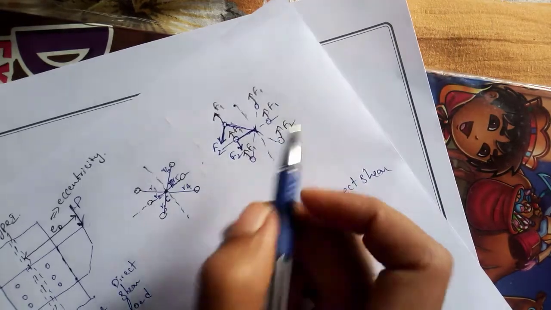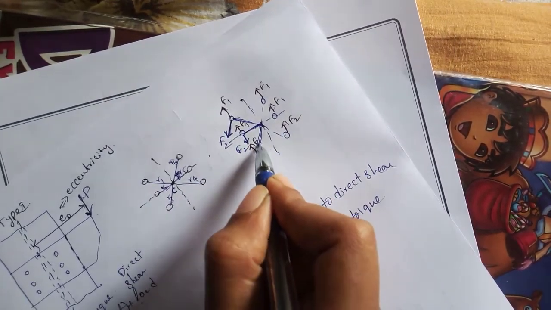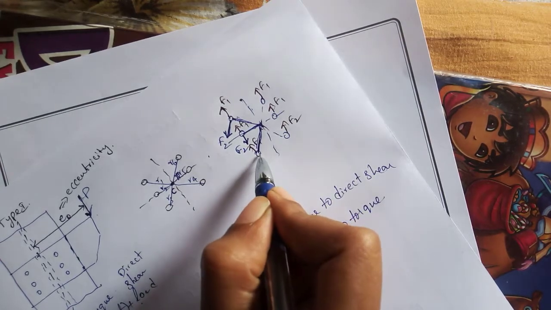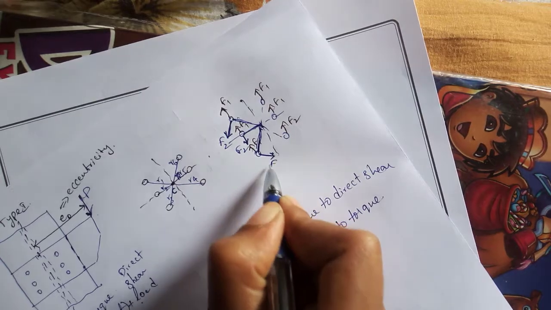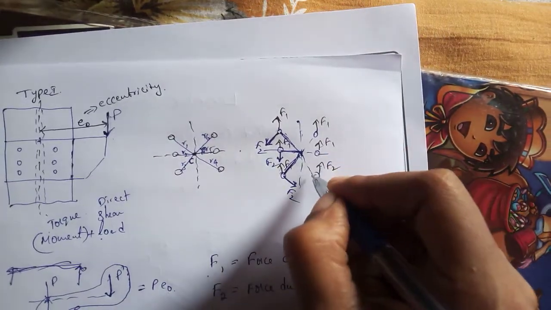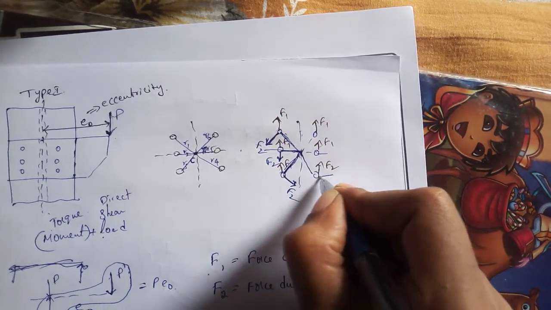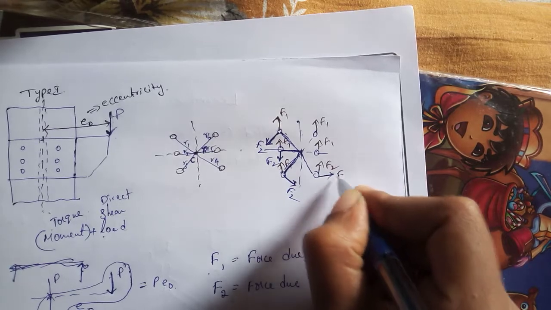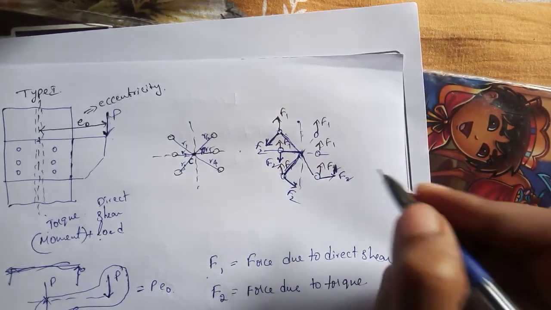And coming to bolt number 3, to this R radial distance, the perpendicular direction is here, it is F2. And also for bolt number 4, the perpendicular direction is this, it is F2. Sorry, this one is F1 and so this is F2.